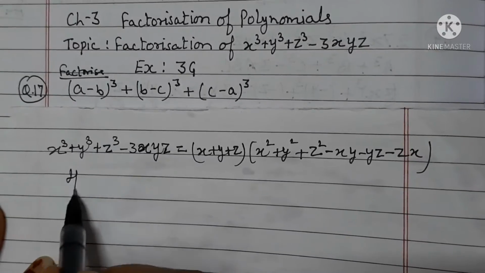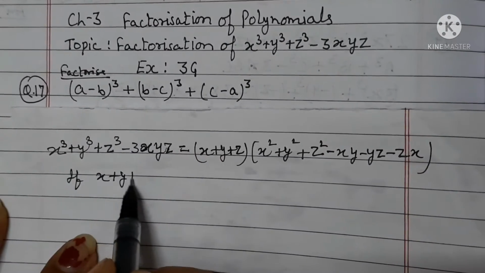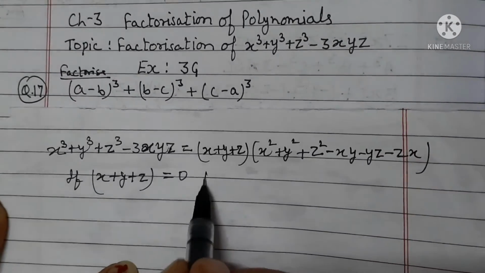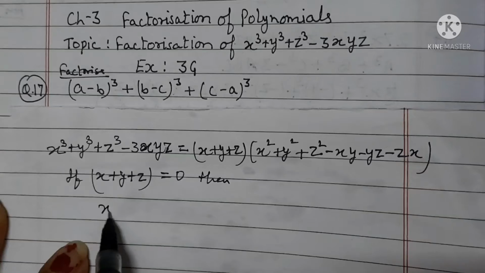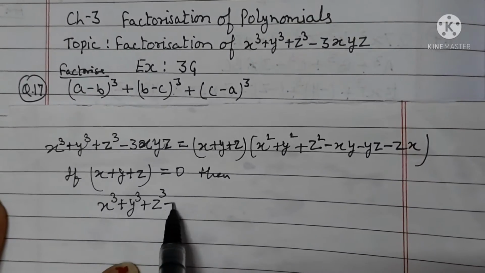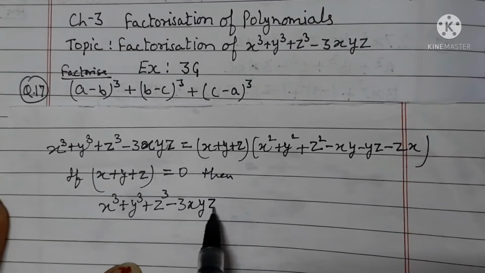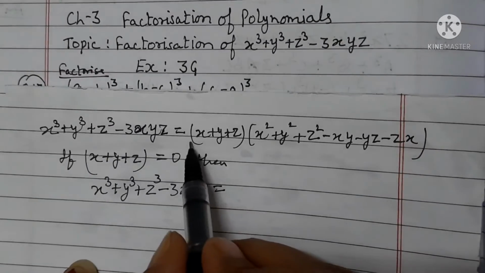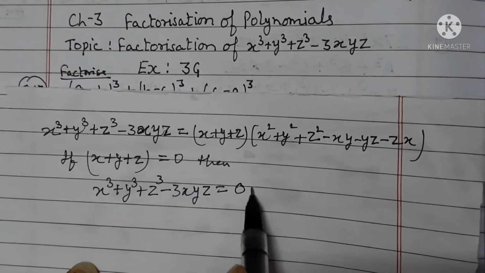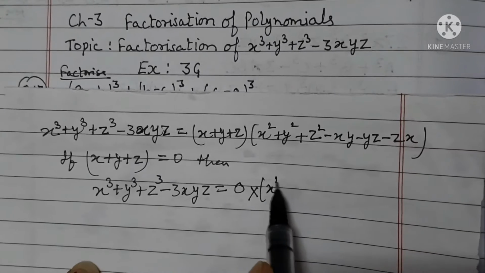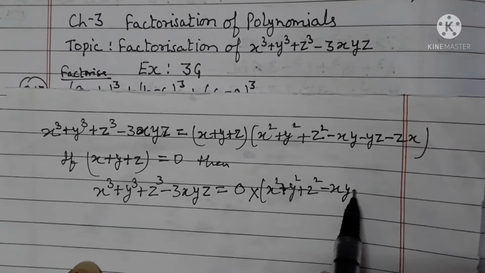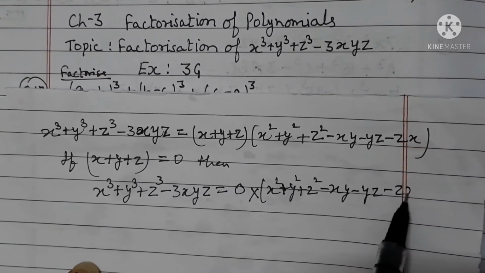So if x plus y plus z is equal to 0, then x cube plus y cube plus z cube minus 3xyz is equal to, this factor will be 0. So 0 into (x square plus y square plus z square minus xy minus yz minus zx).